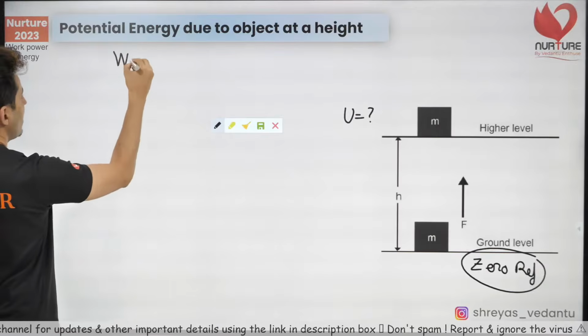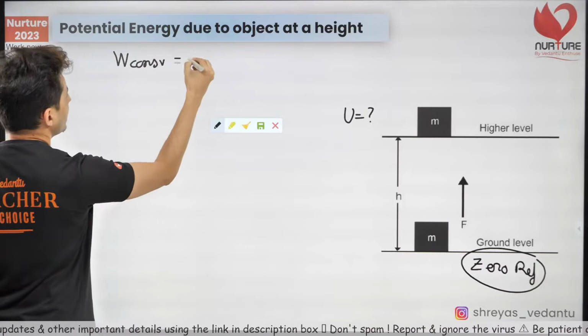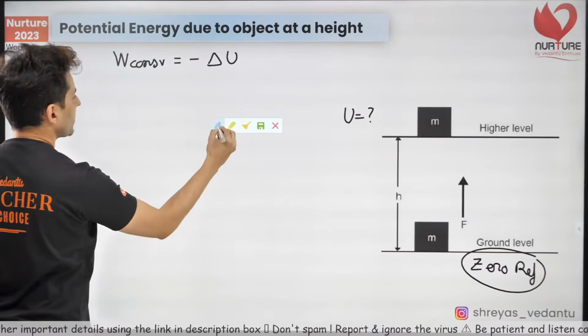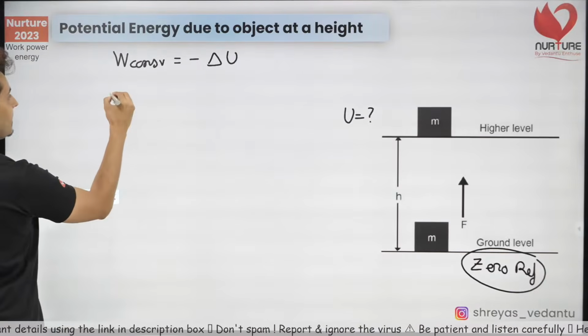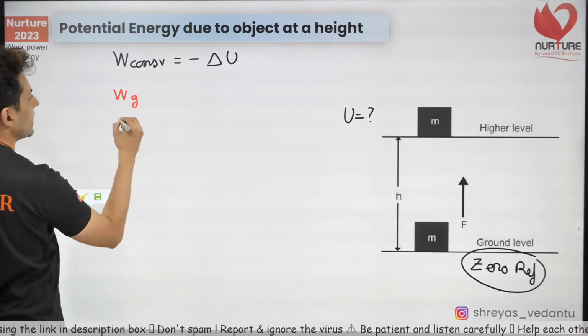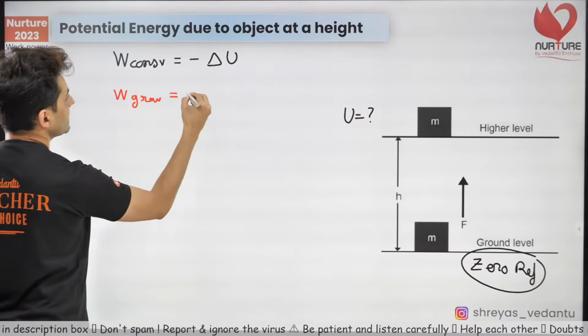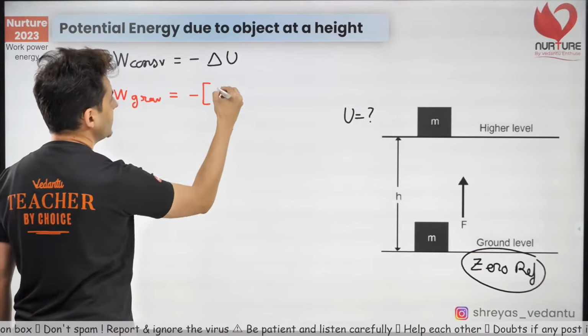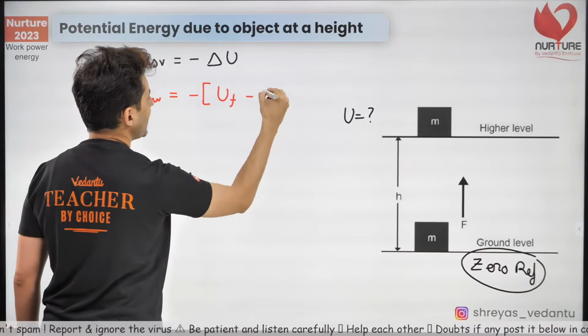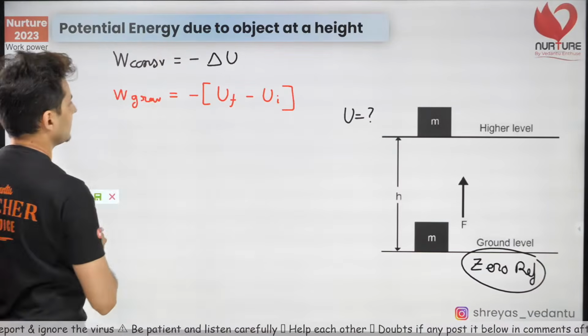What is our definition? Work done by conservative force is minus delta U. So over here, the work done by gravity is minus delta U, that means final minus initial potential energy.